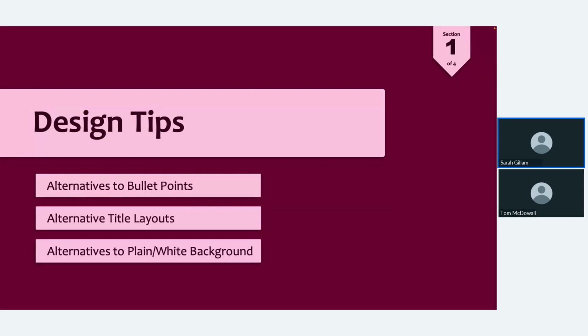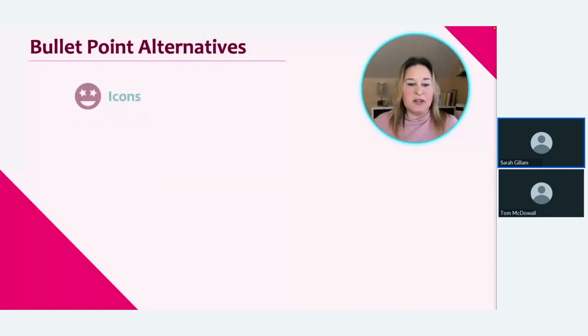And then PowerPoint came along and everyone can create presentations and, great. But a lot of times we end up with this same sort of format. You might change the colors, but you've got the title at the top, bullet points with all your text, and you might have just a plain background. And so we're going to talk about some easy things that you can do a little bit differently to make your presentation not the PowerPoint default.